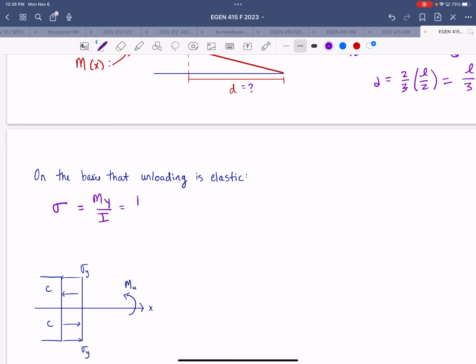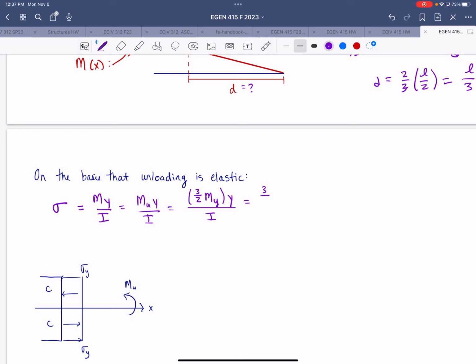Set that equal to Mu times y over I, and then substitute in our relationship Mu for My, so 3/2 My times the variable distance y divided by I.